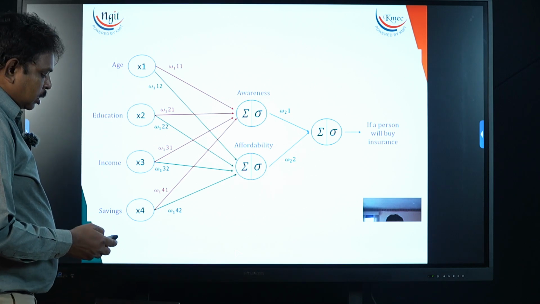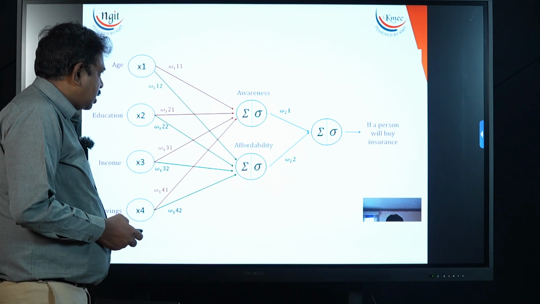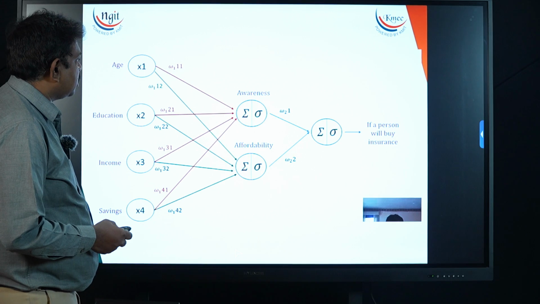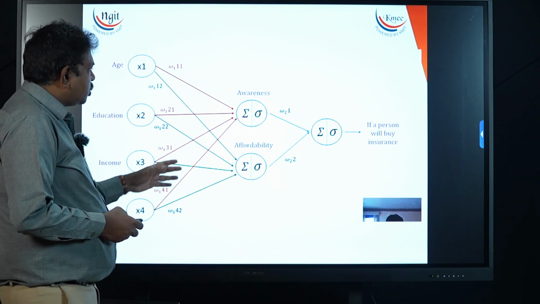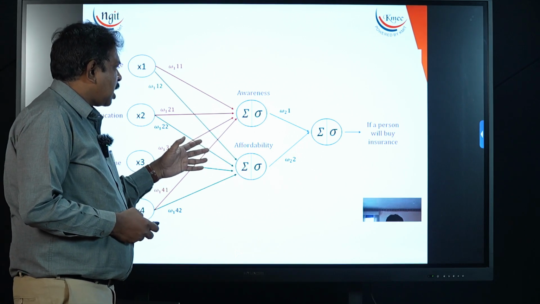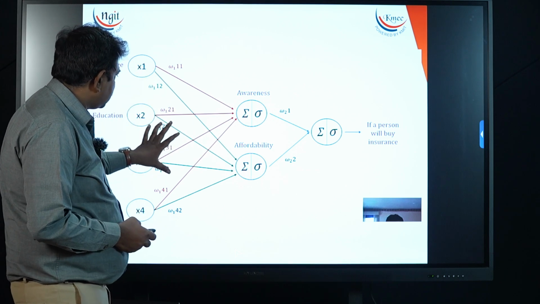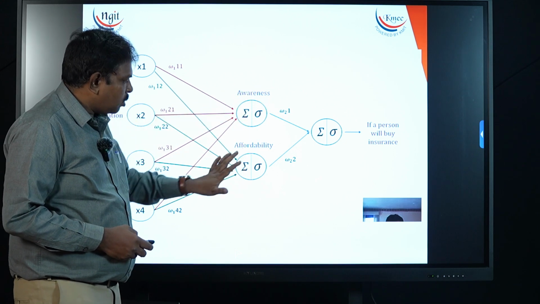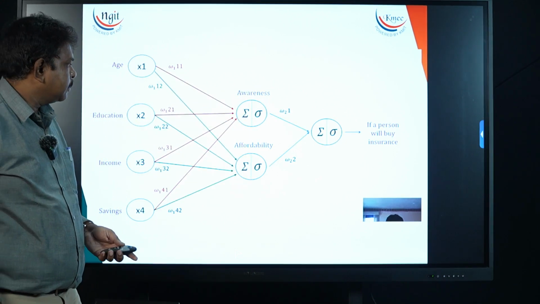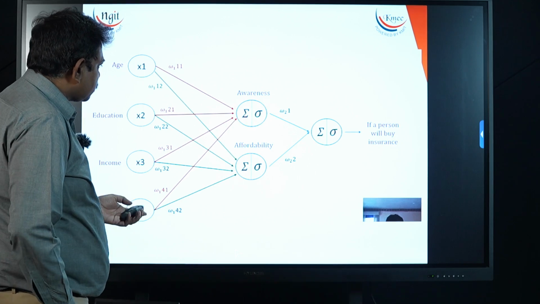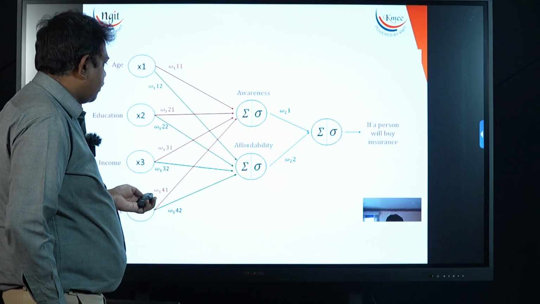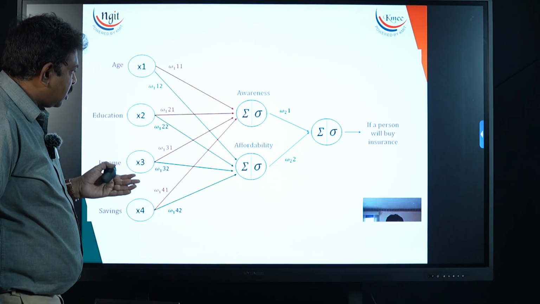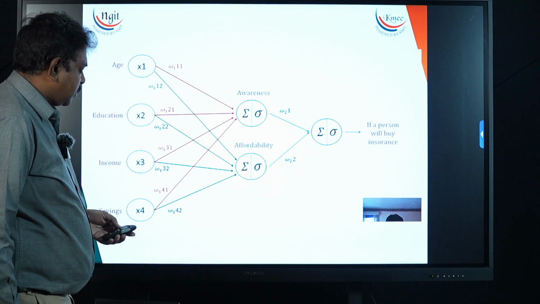Now the problem in this network is that without using an activation function, if we directly take the weighted sum, which neuron should get activated? With these weights for a particular instance, shall I activate the awareness neuron or the affordability neuron? The decision is difficult because if both of them give the same value, deciding which neuron to activate is difficult.